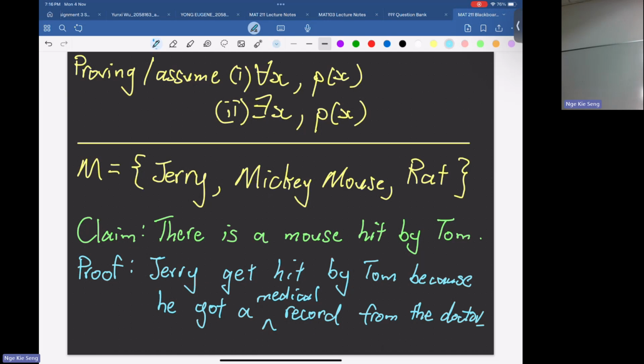If, let's say, Jerry and Mickey Mouse both get hit, is this statement still true, Lina? Why? No. I already assumed they get hit. So is this statement still true? Is the claim true? Why?